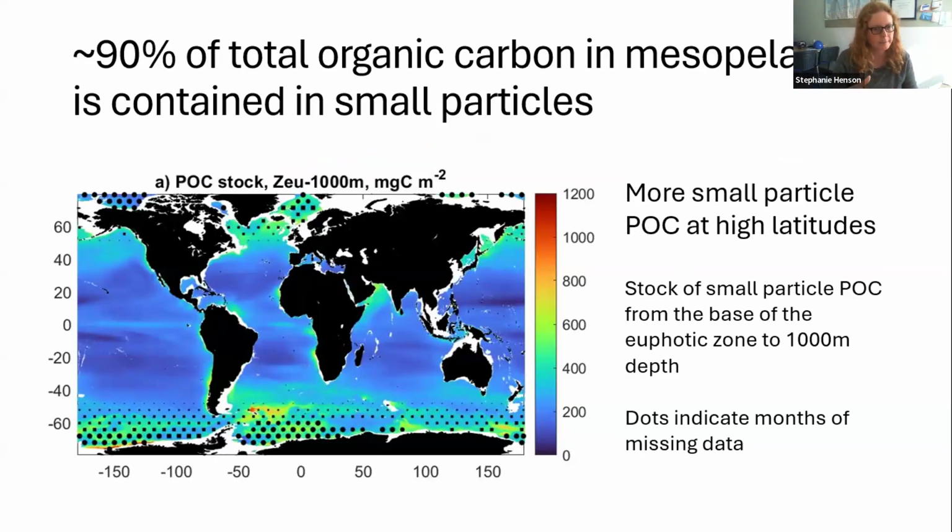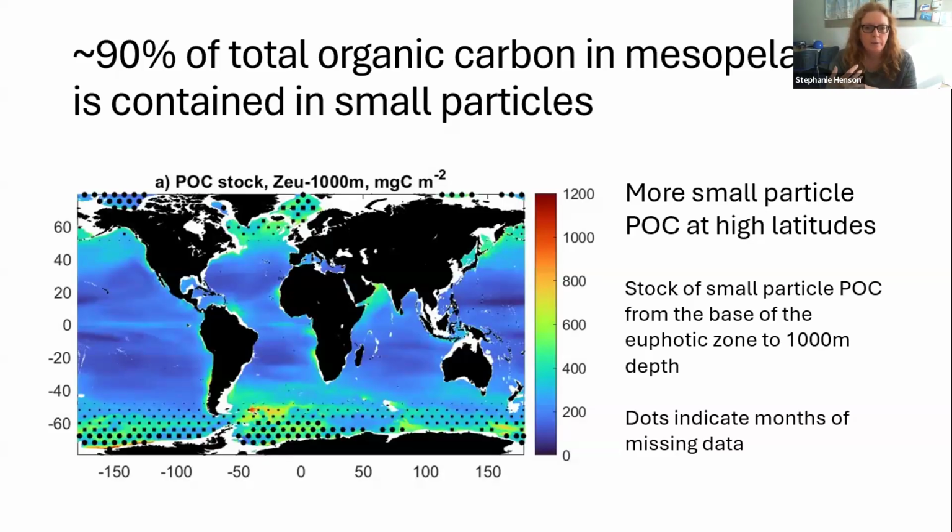That makes sense because they're more productive, and so we would expect there to be more particles at those high latitudes. The dots indicate the months of missing data, because the product incorporates satellite-derived observations, and at high latitudes in winter we don't get good retrievals. So the data get more sparse at those higher latitudes.